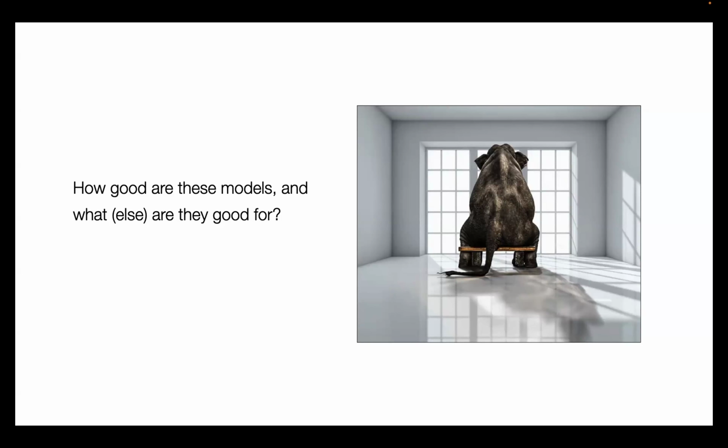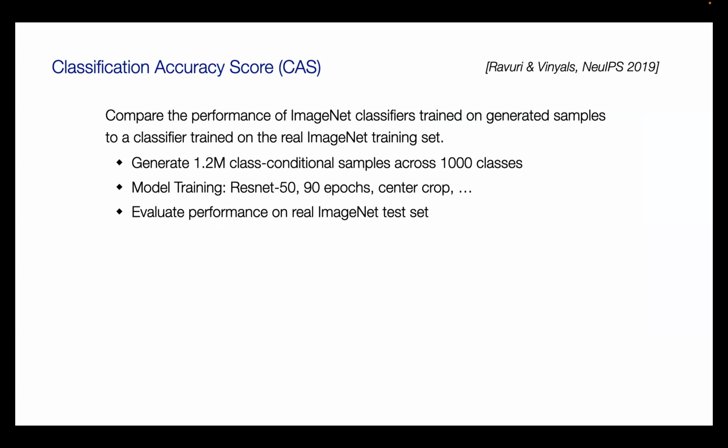One of the real questions for generative models is, are you able to generate data that actually performs better than all of these manual augmentations that people have worked on for many, many years? With this backdrop, Ravuri and Vinyals came up with this idea, and they called it the classification accuracy score. What they proposed was a way to evaluate generative models.